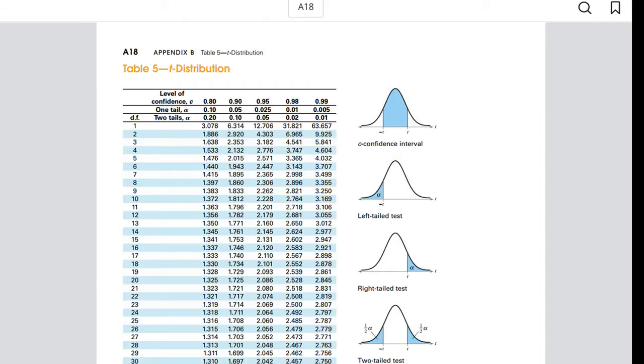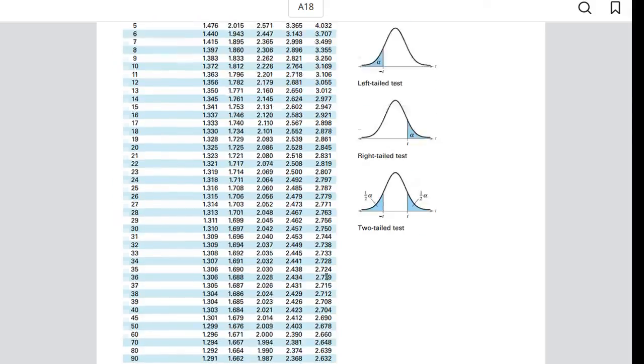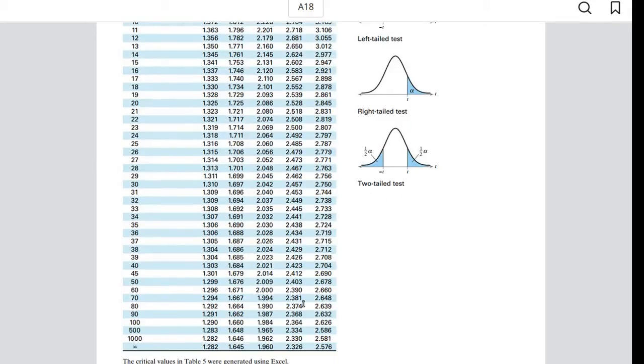And over to my scale here. So we had a two-tail of 0.05, and we have 38 degrees of freedom. So I want to come down this third column to 38, which is right here. And so my critical regions are going to be 2.024.